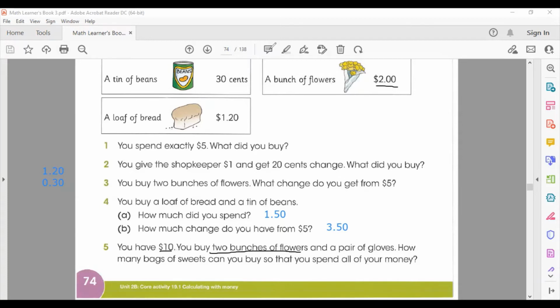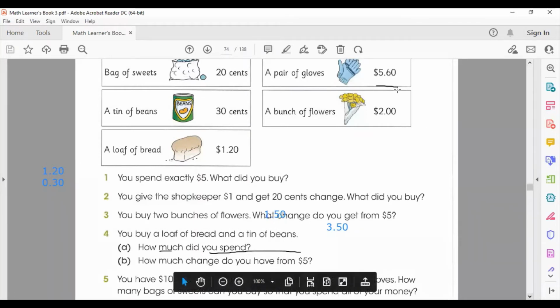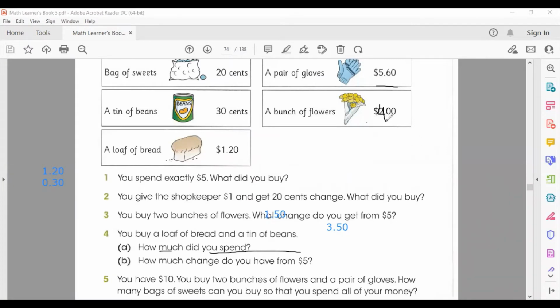What's the price for the pair of gloves? $5.60. So 5 plus 4. We make it 4 because we buy 2 bunches of flour. So 0 as it is and 6 comes down as it is. These are the cents. And 5 plus 4 is 9. So $9.60. From $10, $9.60.